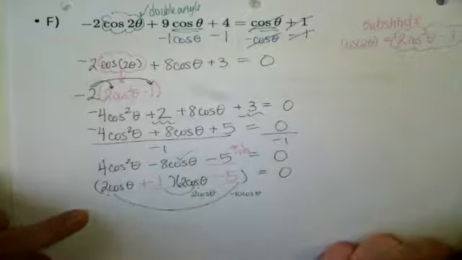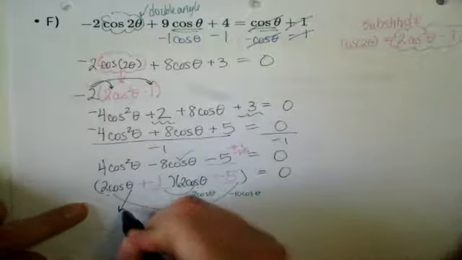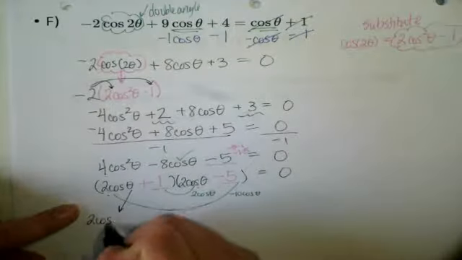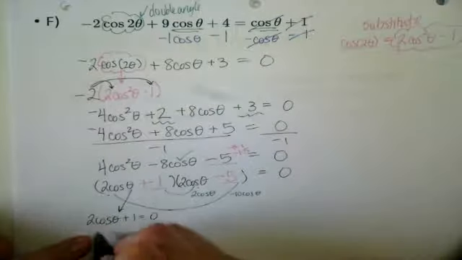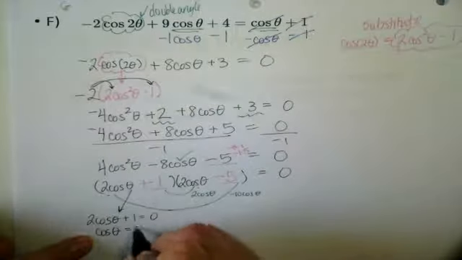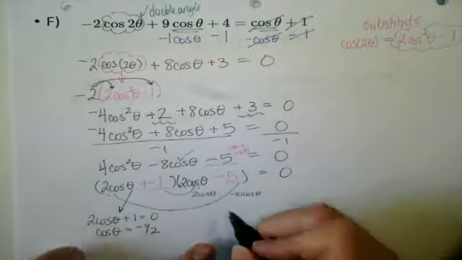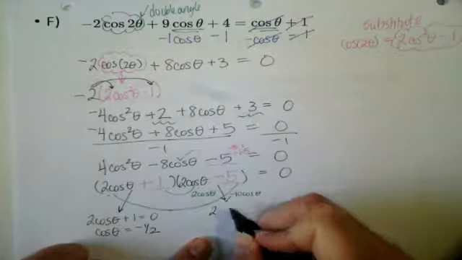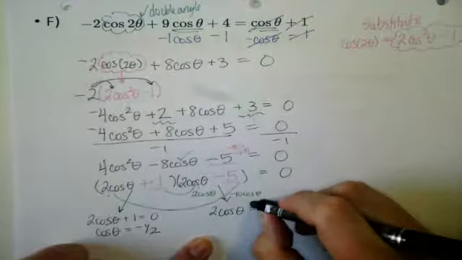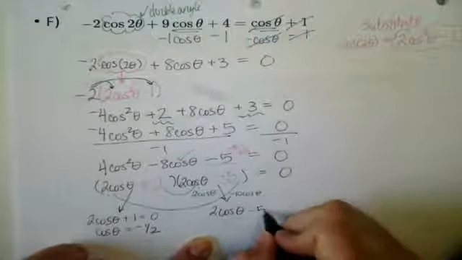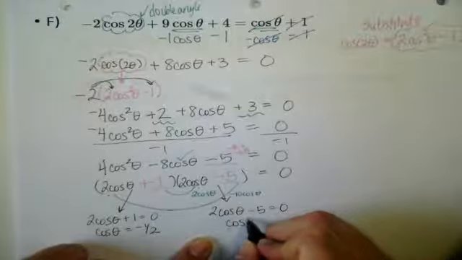Then I get to set each bubble equal to 0. So 2 cosine of theta plus 1 equals 0, and I can isolate that. So that's going to be cosine of theta equals -1/2. Over here, I have 2 cosine of theta minus 5 equals 0, and again, isolate my trig function.